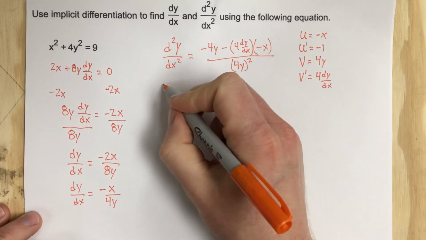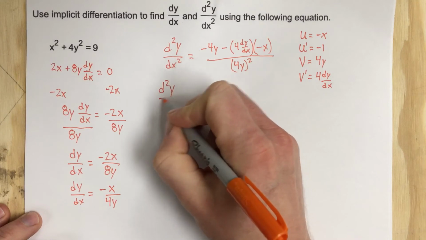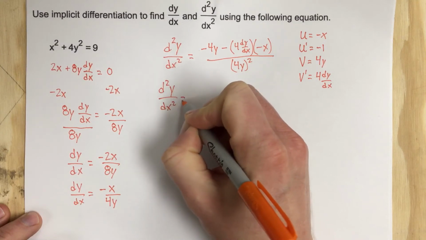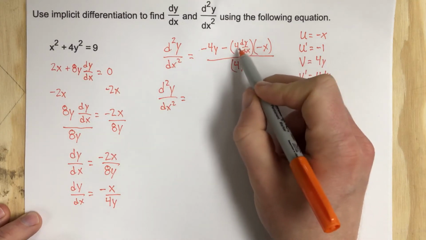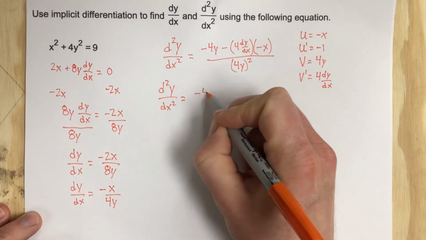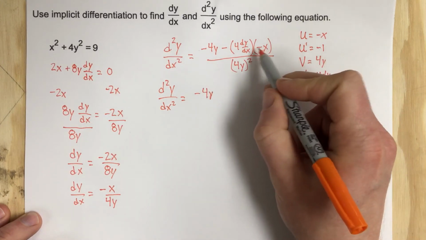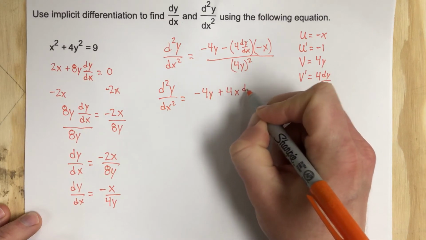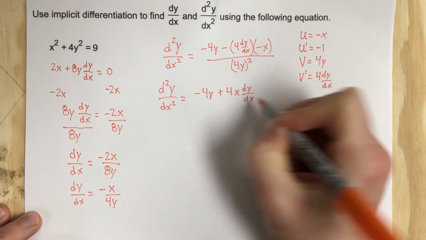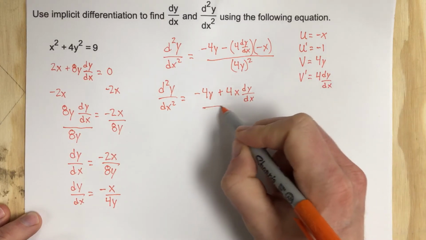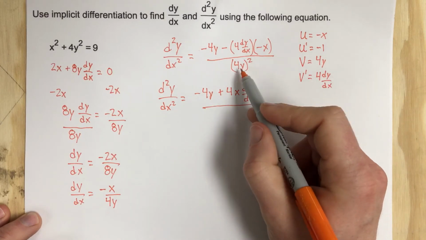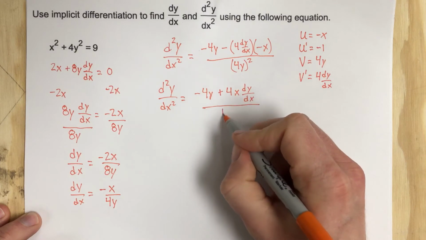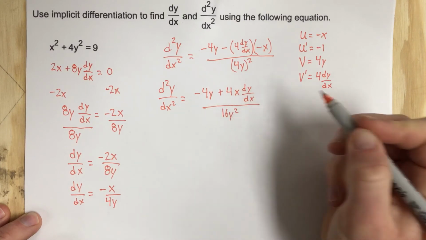Now we can say that the second derivative is equal to, let's go ahead and combine these together. This will be negative 4y. When I multiply the negative x inside here, I get plus 4x dy over dx all over 4y squared, so that's going to be 16y squared.